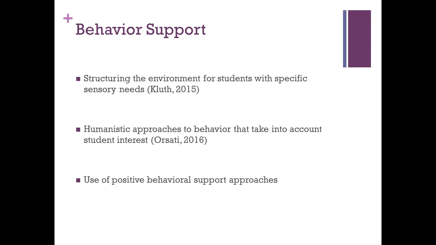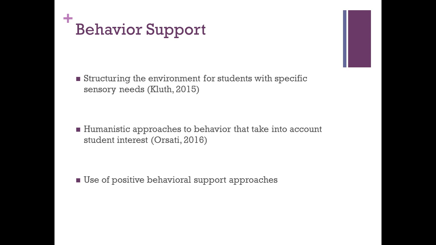The next essential element is behavior support. So many of our students with and without disabilities require behavior support. Some big ideas for providing behavior supports in inclusive classrooms is structuring the environment for students with specific sensory needs. Paula Kluth, this comes from her book, You're Going to Love This Kid, and she also has a blog that summarizes the chapter where she talks about structuring the environment for students with specific sensory needs.